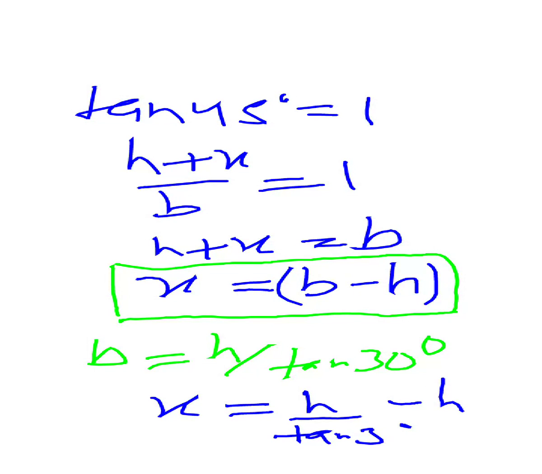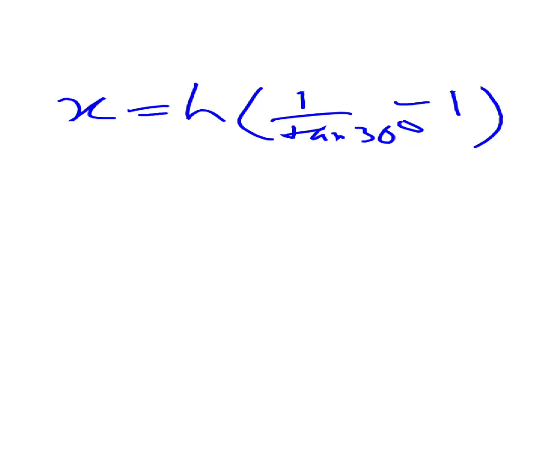Getting it or not? ये देखो, ठीक है. Next page you can see that x is equal to h, common you have taken 1 by tan 30 minus 1, minus है, हाँ minus 1.